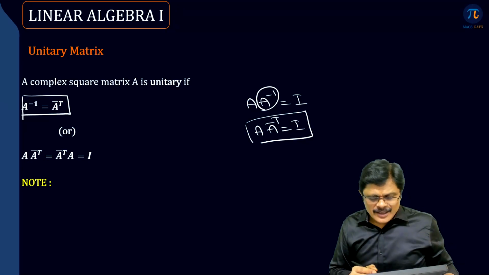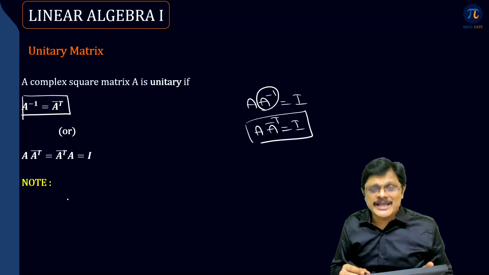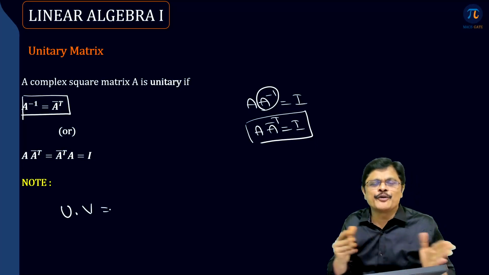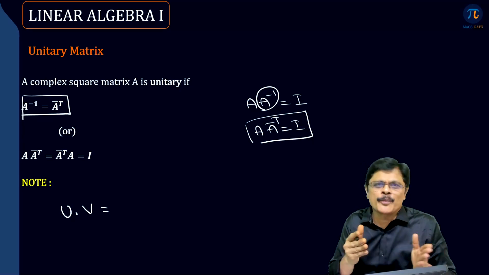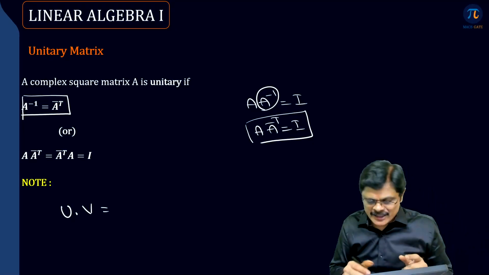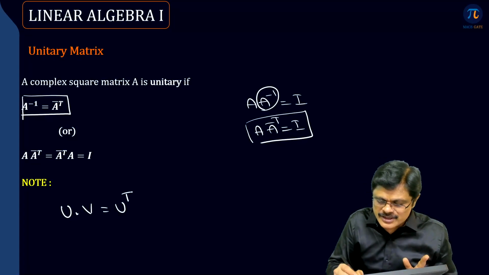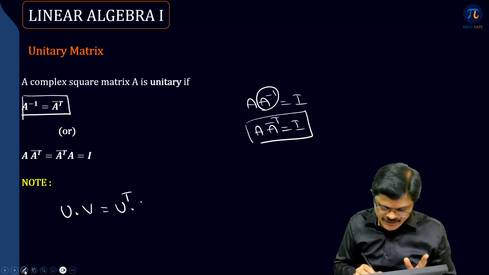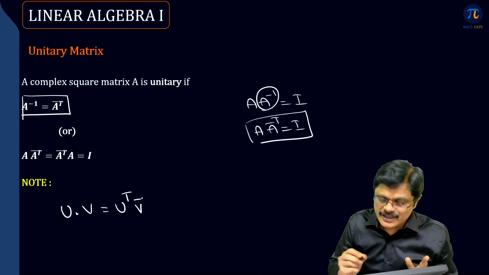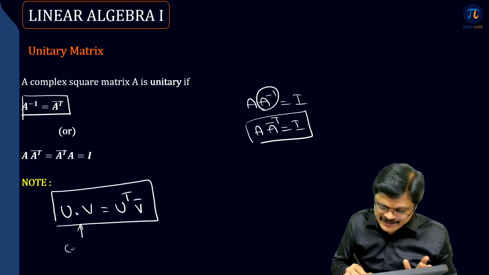But one important thing is the dot product for complex matrices. For normal column vectors, if you want to do the dot product, it is the first vector transpose into the second vector. But u dot v for complex vectors is u transpose into v conjugate. This is the dot product for complex vectors.